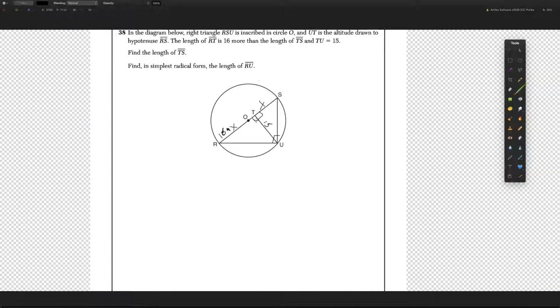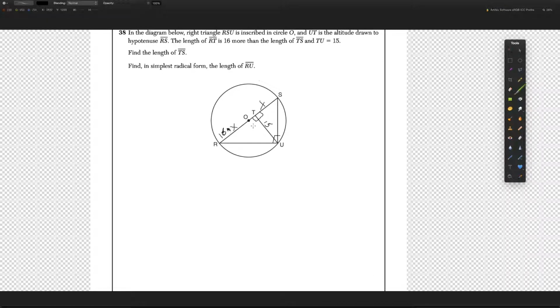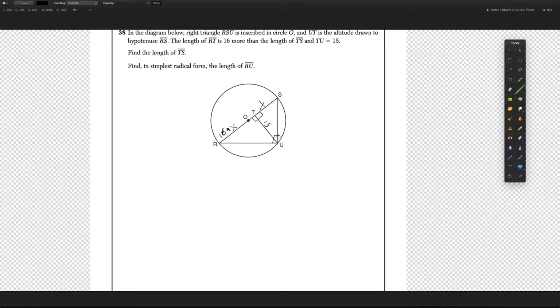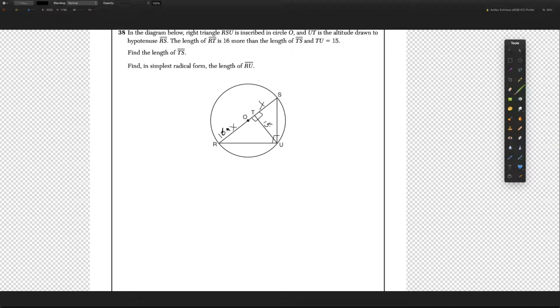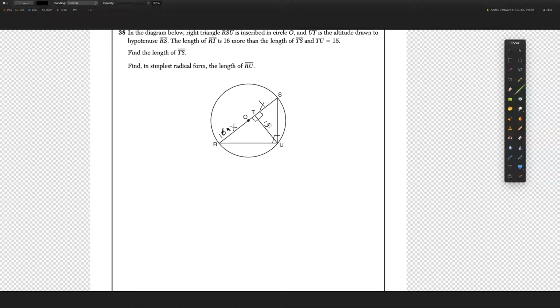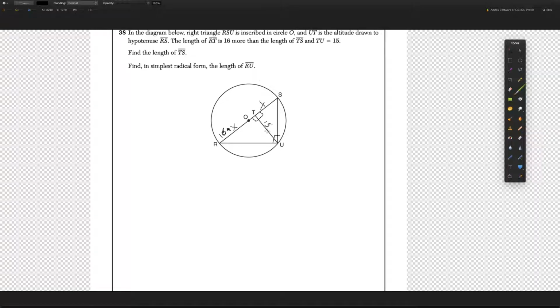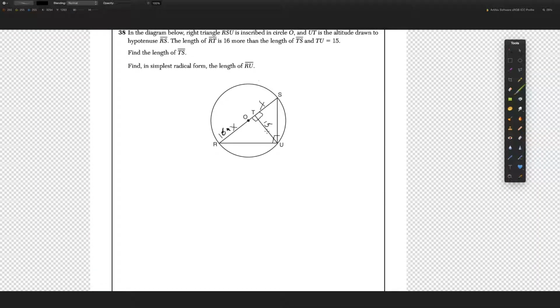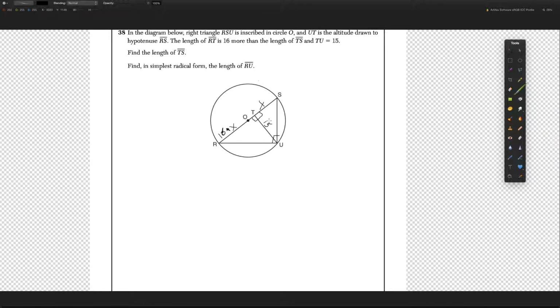So let's write a proportion. We can see that RTU contains 16 plus x and 15, and TUS contains x and 15. So we can make a proportion by using the same sides. We're going to use this side RT over this side TU, over TU over this side TS.